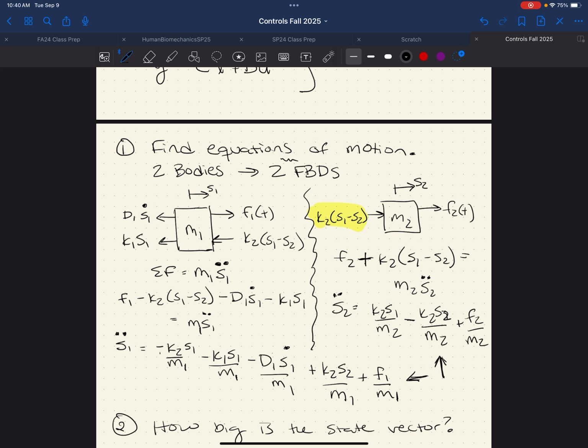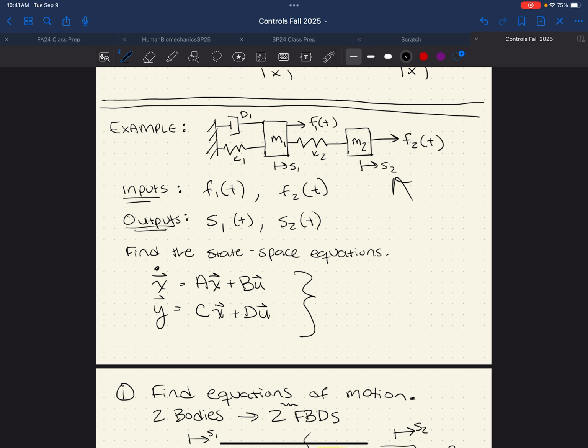I'm going to say M1 equals 2, M2 equals 1. I'm going to assume these are all kilograms. We're going to use metric units. K1 is 10, K2 is 20, D1 equals 1.